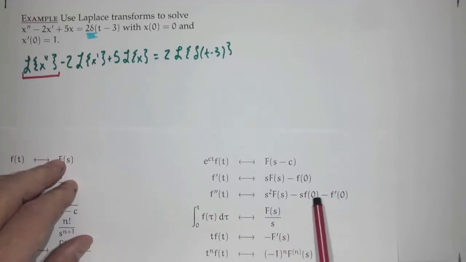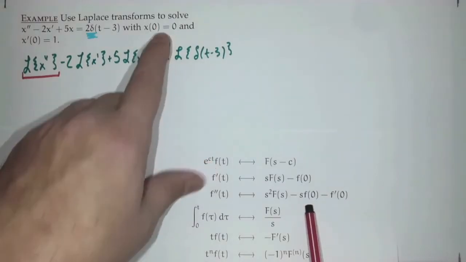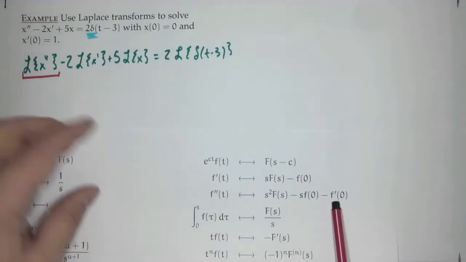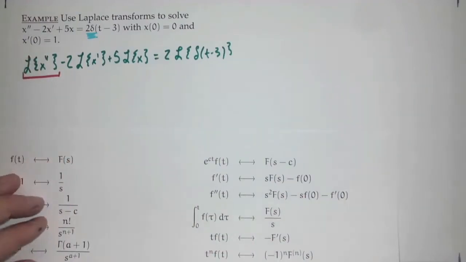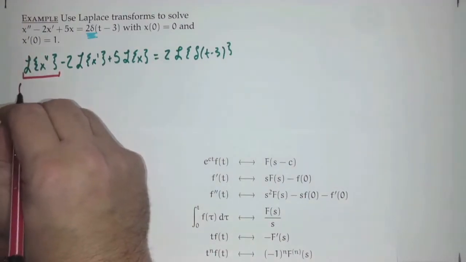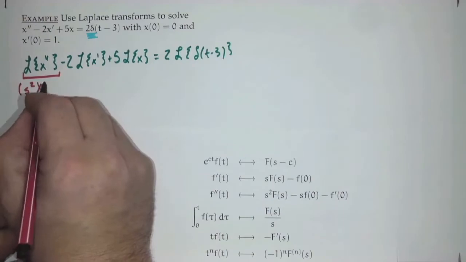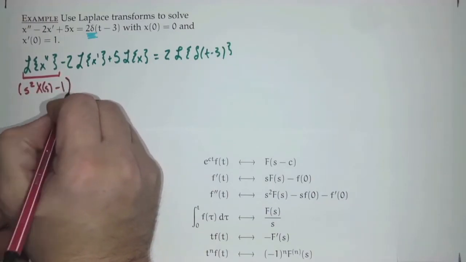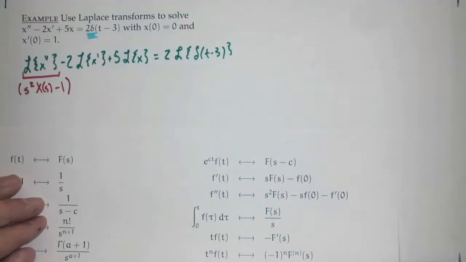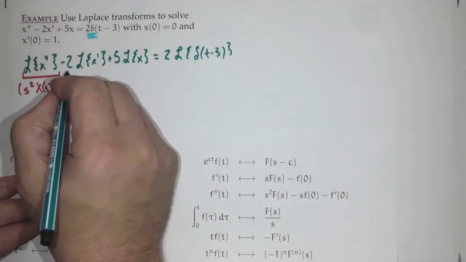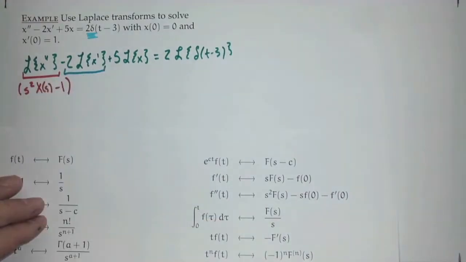What happens to this term? Zero, we use initial conditions. And then minus the derivative at 0. So this will become, as people said, s squared X of s minus 1. Okay, so that's the first part. And now we go to our second part. What will the Laplace transform of x prime become?